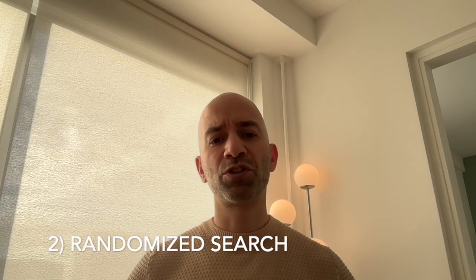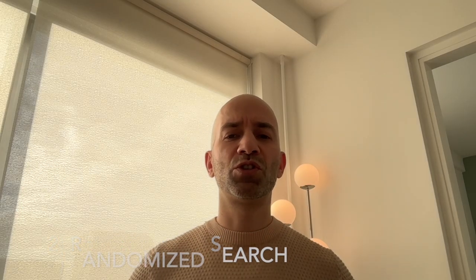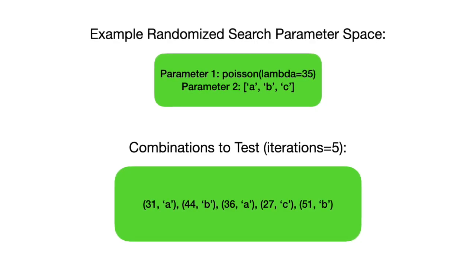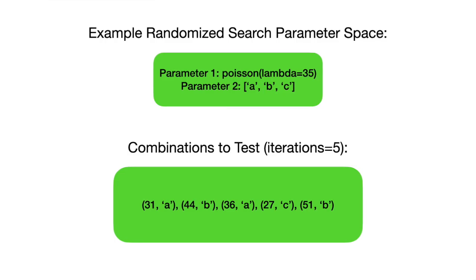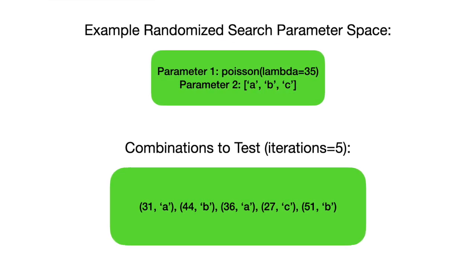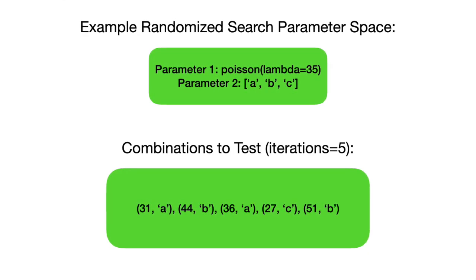The second approach that we'll cover is called randomized search. This is similar to grid search, except that we don't just mechanically cycle through all the different possible combinations. What we do is we randomly select a subset of possible combinations of hyperparameters and then evaluate the model using these hyperparameters and select the best possible choice.